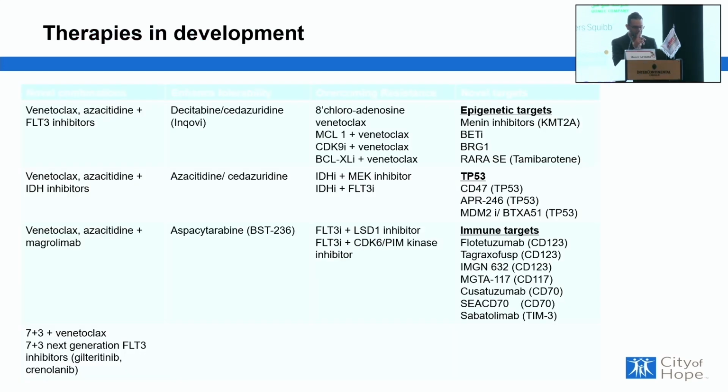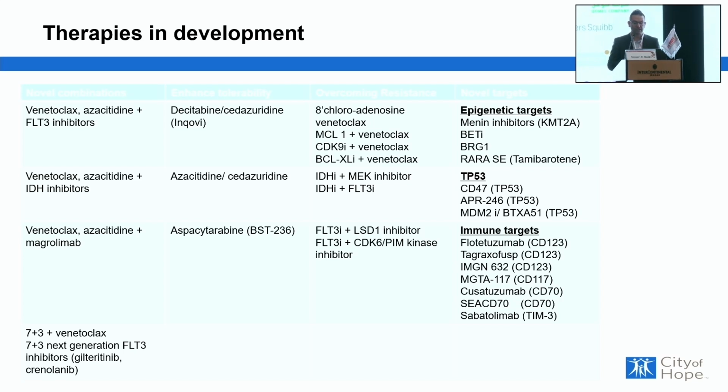This is just for future direction, and I'm going to close with this slide. As we see from this table, multiple studies are ongoing to try to incorporate all those new agents in the upfront line. Mostly either a backbone of 7+3, adding all those targeted therapies: FLT3, MLL, NPM1, IDH, all those mutations.